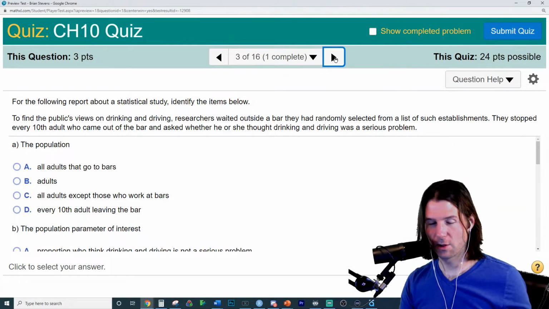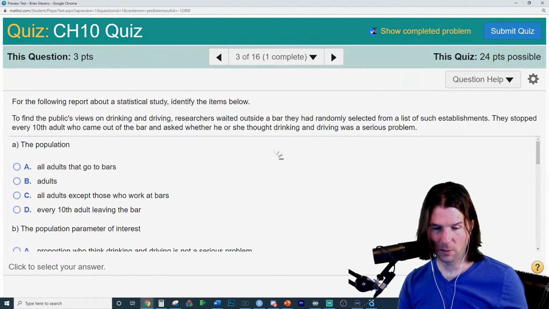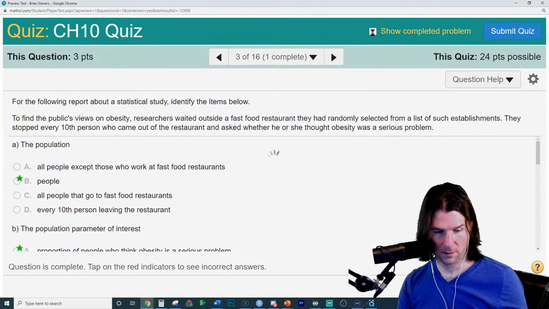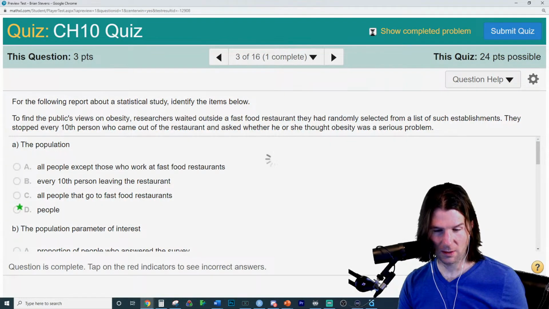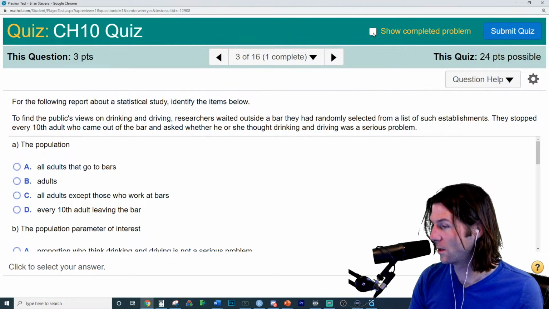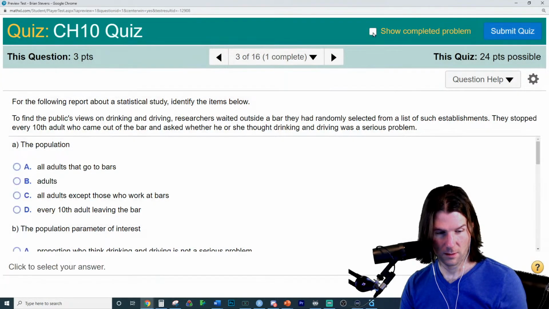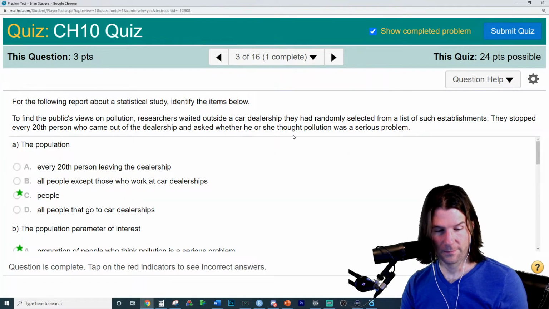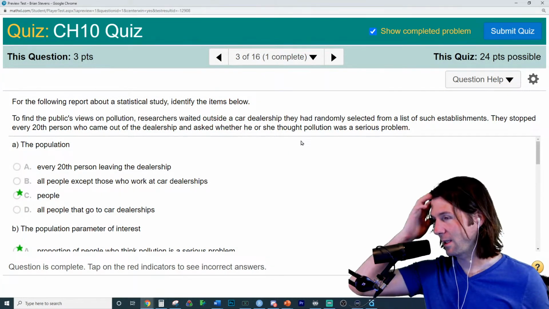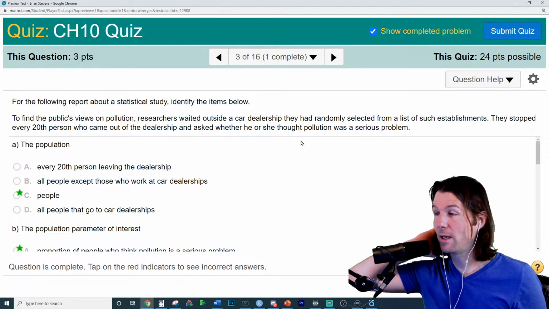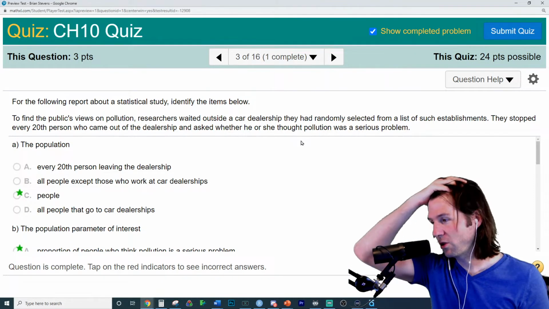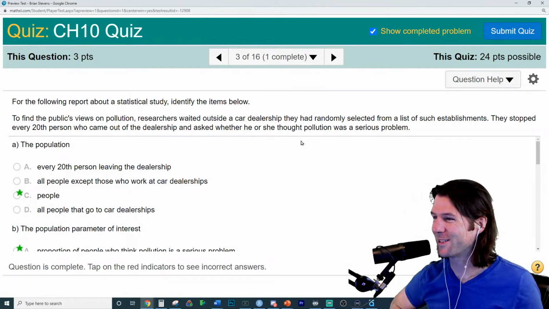I know I've done the car dealership one. Could be this one. I hate that they change it. Oh, pollution's a serious issue. Here it is. Gosh, I've done a lot of these. You just have to randomly find the one. They change these questions a lot. Rounding p-values to 1 decimal.